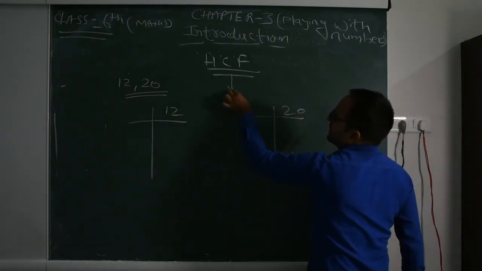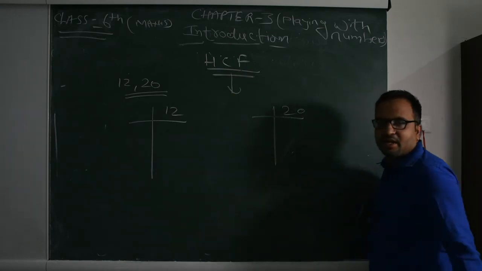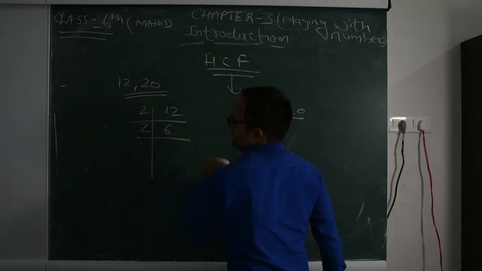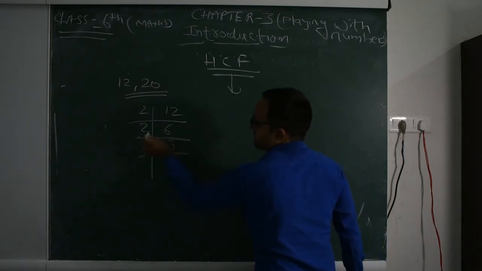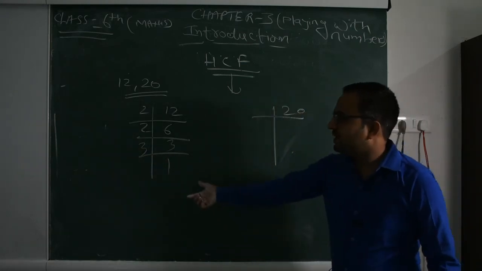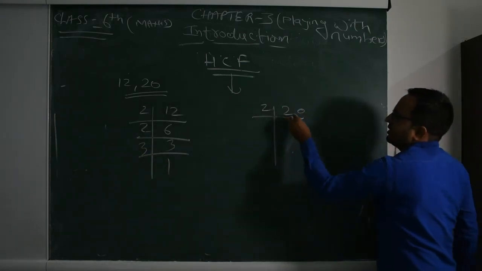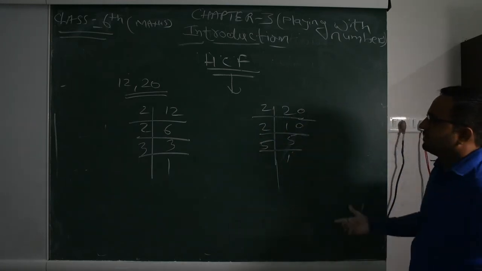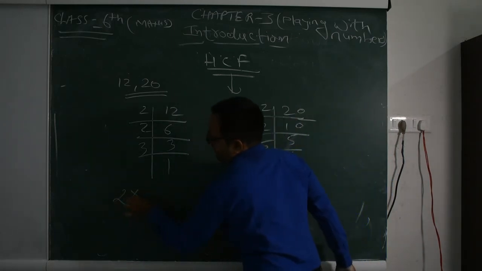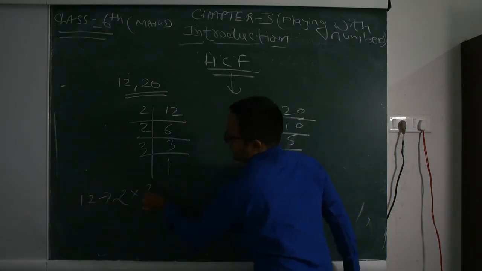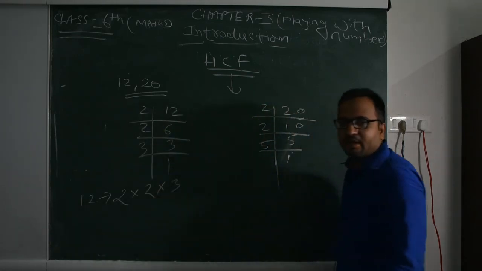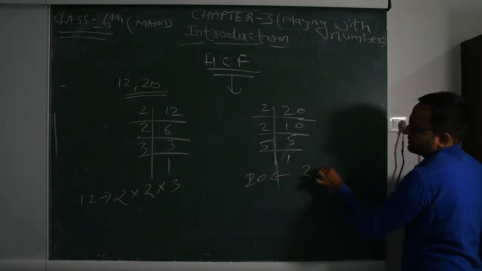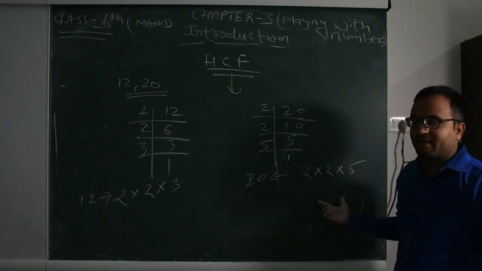In the case of HCF we separately take the factors. So first, 2 sixes are 12, 2 threes are 6. So here we stop. Again, 2 tens are 20, 2 fives are 10. This is the factorization of 12 and this is also the factorization of 20.